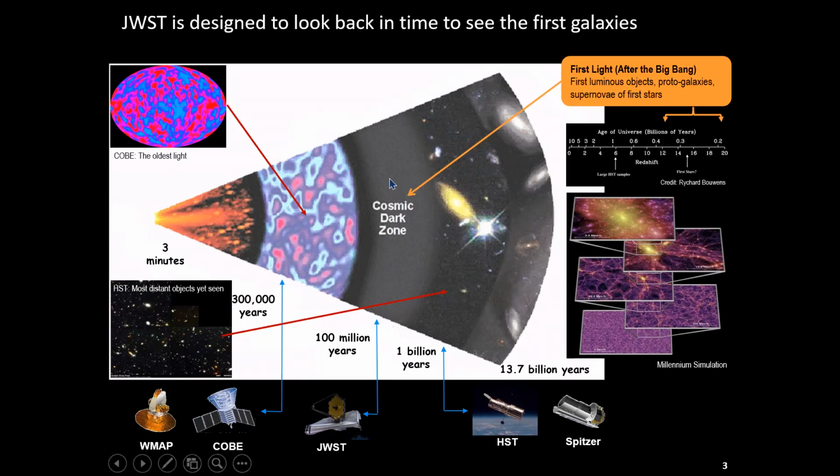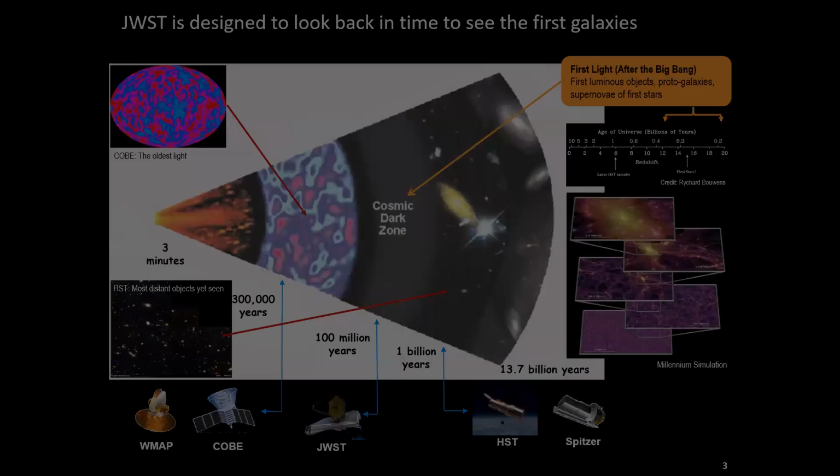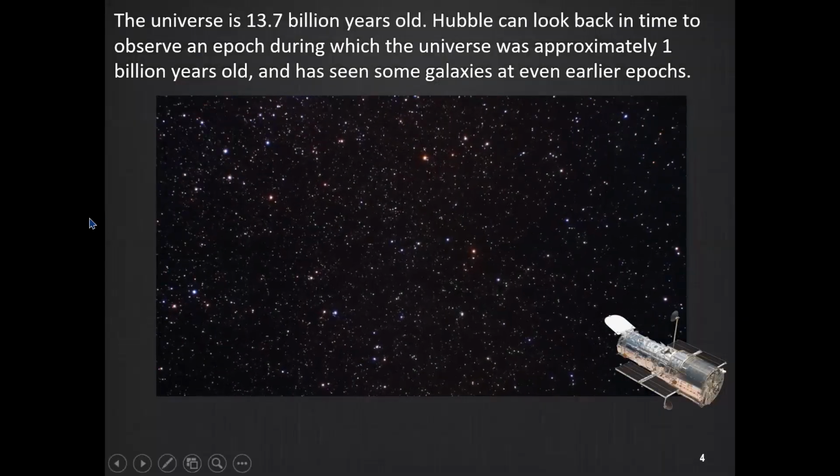And it's scientifically of great interest because this is the time when the first stars and galaxies formed. And it's very poorly studied because we haven't had the right type of telescope in space to observe that period in the evolution of the universe. And that was one of the major objectives and motivations for the James Webb Space Telescope mission.